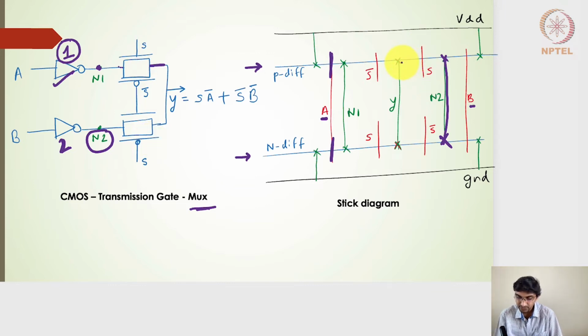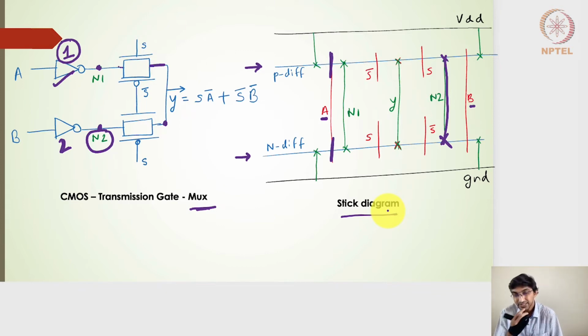So S is now the polysilicon gate on the P diffusion lines. So creating two diffusions, on one side it is N2, and the other side it is Y, for both the PMOS transistor as well as the NMOS transistor. So for S and S bar, on one side it is the Y signal, the other side it is the N2 signal. So that's what is represented. This completes the stick diagram representation of the CMOS transmission gate.